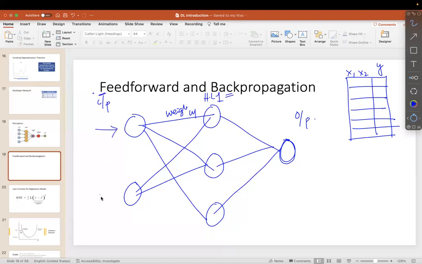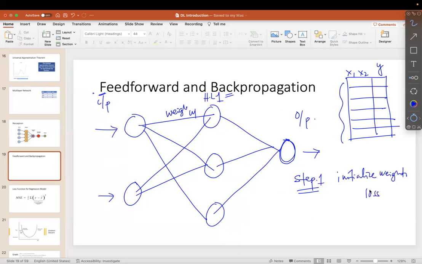So you give the inputs, we estimate the output. In step one, you feed all the samples, you randomly initialize these weights, then feed forward and calculate the loss, how much loss you're making.